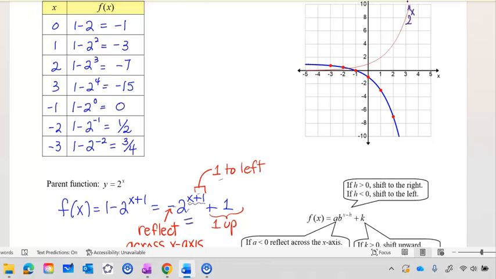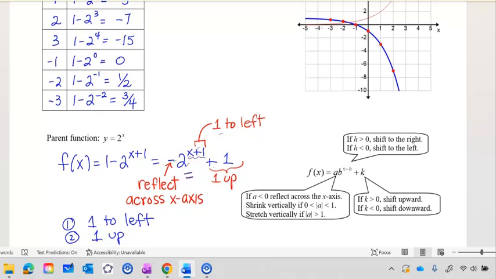After flipping, then I shift to the left 1 unit. And last, they go up 1 unit. From here, go up 1 unit. Here's a little bit of a summary.